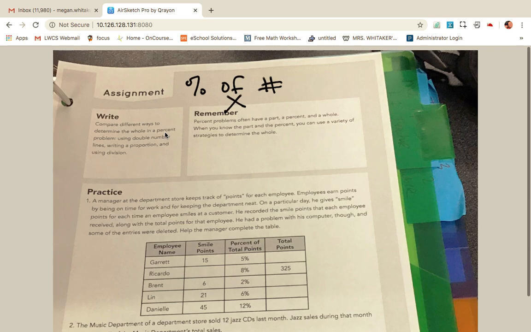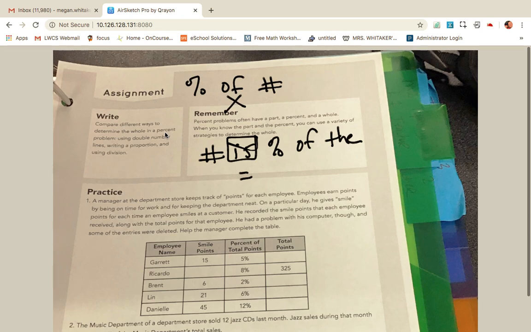If you see something that says something "is", like if it says a number is a percent of the amount, then you are doing equivalent fractions because the word "is" means equal.